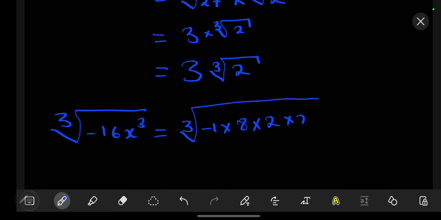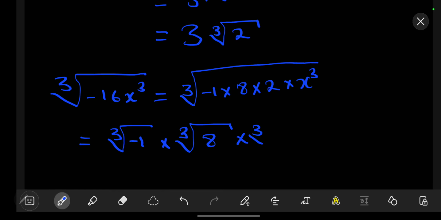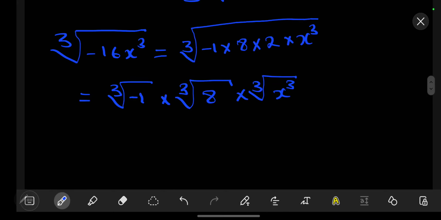Then times x to the third. Then we distribute the cube root: the cube root of negative 1 times the cube root of 8 times the cube root of x to the power 3.